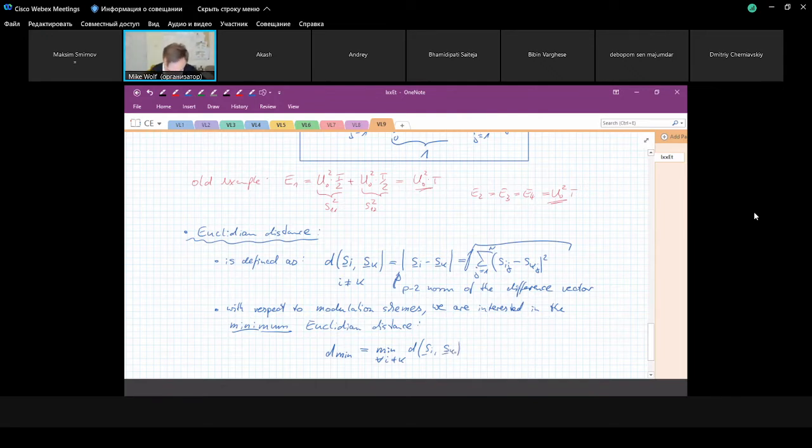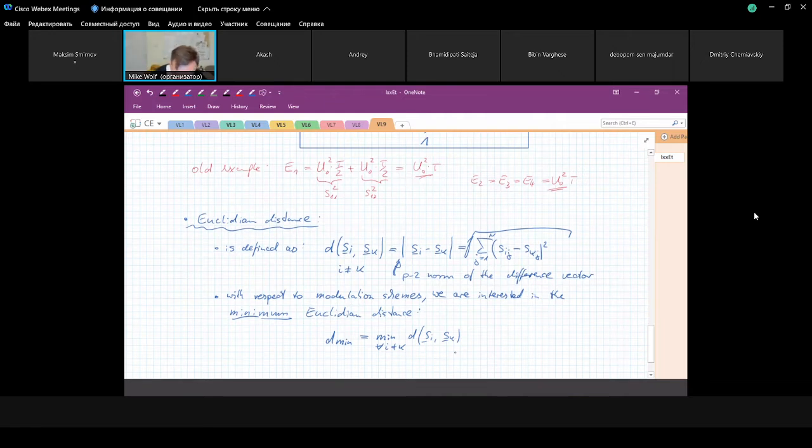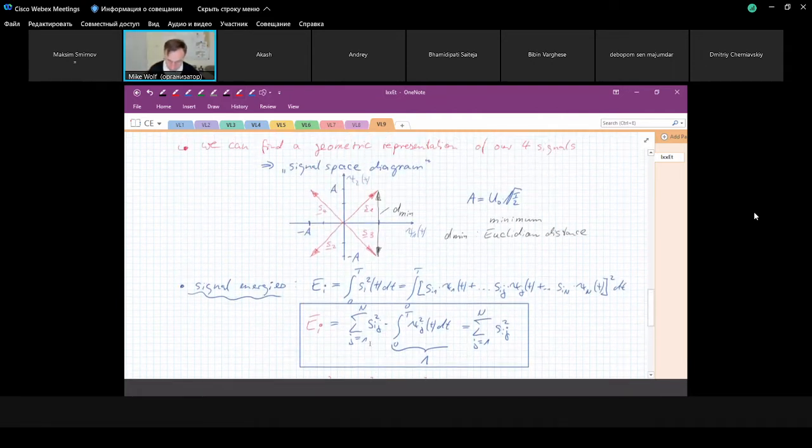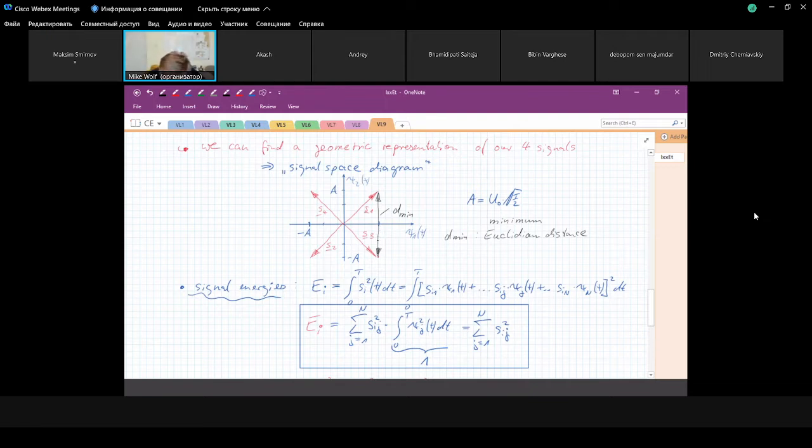In the old example, d min is equal to, look, what is it? This is A, this parameter here, right?